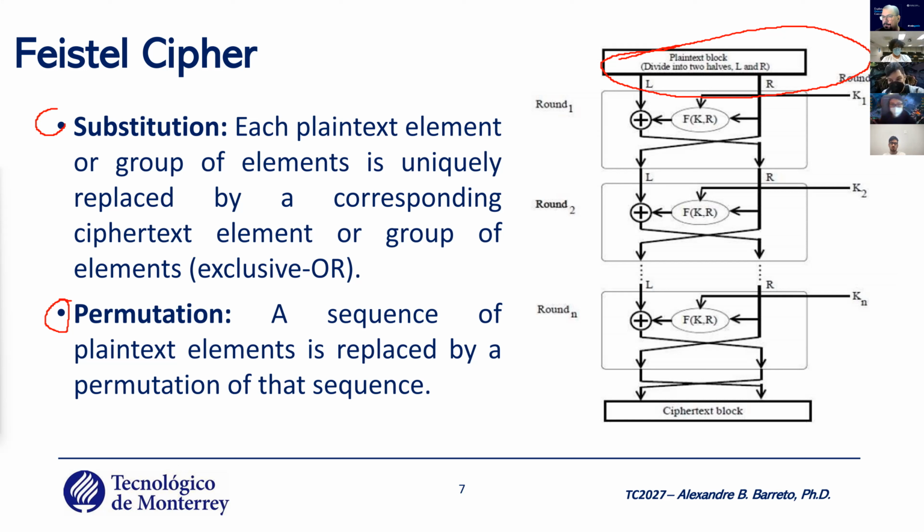For example, you have a small block, for example, 8 characters. If you make this operation with 8 characters, you divide the block into 2 sides. The left side has the first 4 characters, and the second part is the last 4 characters.